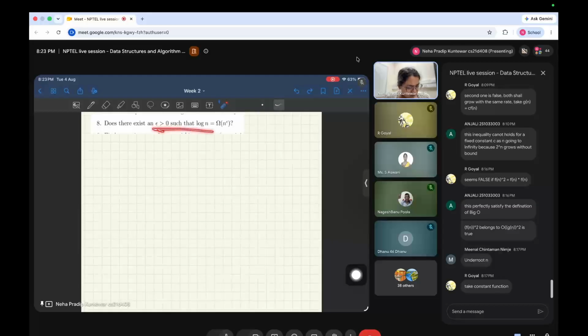So, do you think there exists an epsilon such that the following is true?